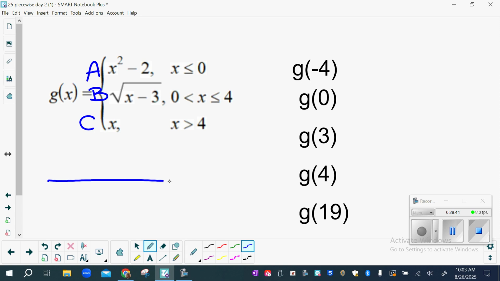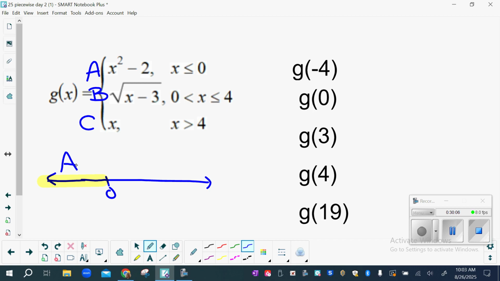And here's what I want to tell you. If we have any number that is smaller than 0, I'm going to put that right here. Let me grab a whiteboard. Any number smaller than 0, I am going to be plugging it in to the A one. Does everyone see why that is, right?